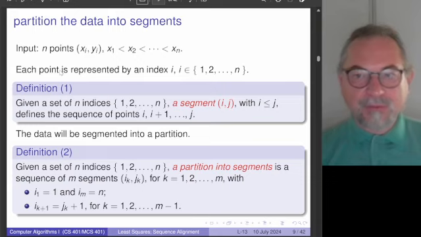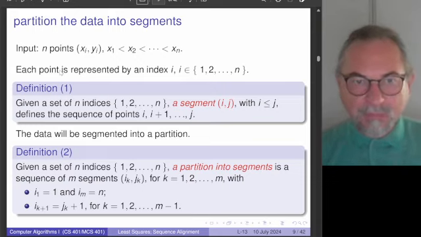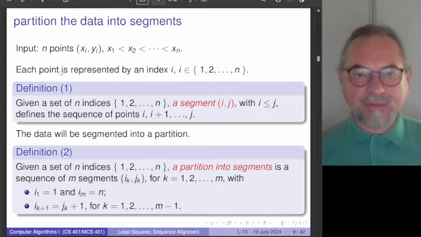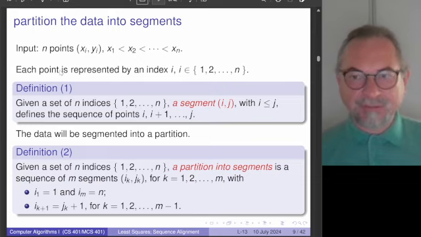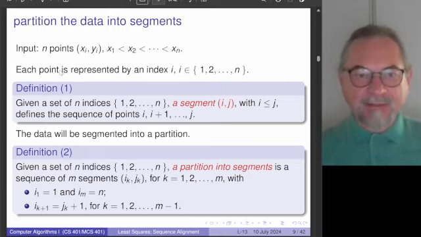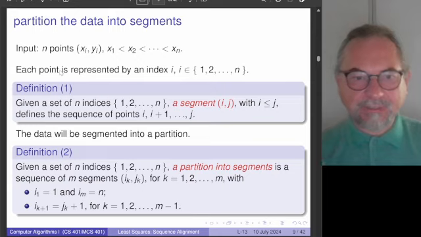We want to partition our data into segments. A partition means that all points are included, and every point belongs to exactly one segment. So that's what a partition means. Here you see formally the first index of our first segment is 1.